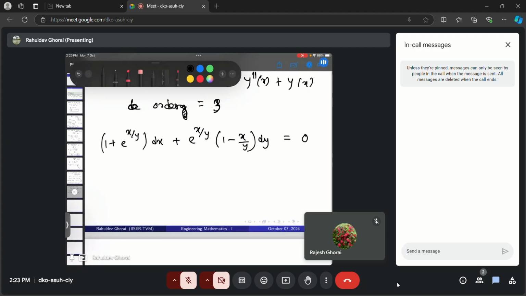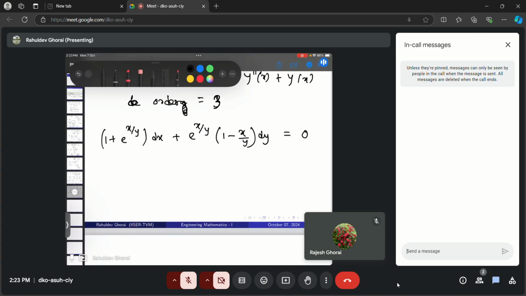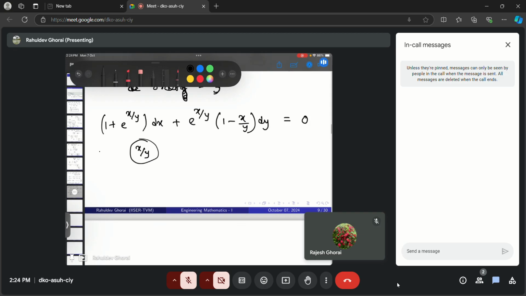If I write it like this, it looks a little weird, so we can change it. First of all, we always have x over y, this type of thing. All the common things are x over y, making the power, and 1 minus x over y.